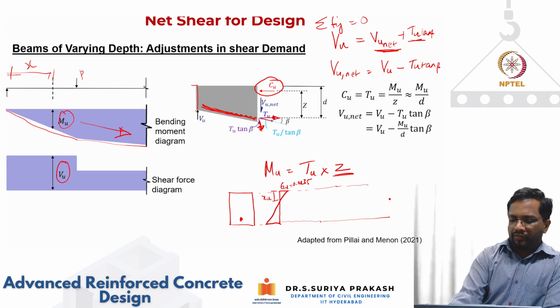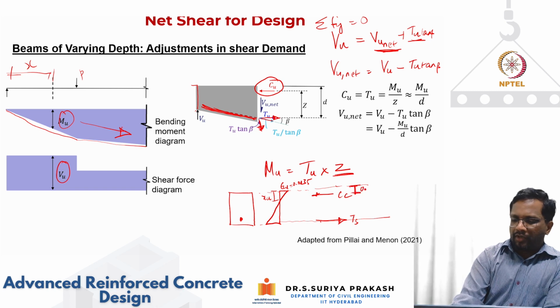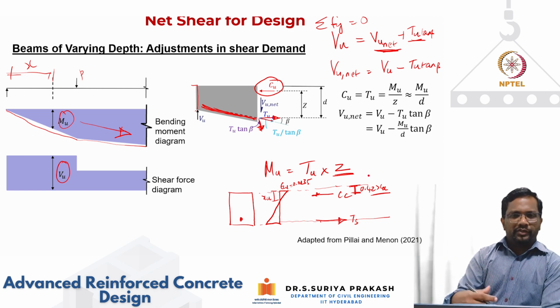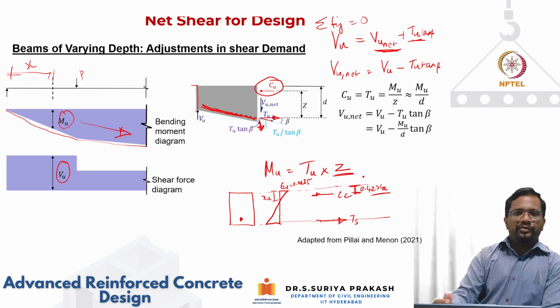So we have found, when you calculate your Cc force, concrete force in compression, and the tension force in steel, that this distance is going to be 0.42 Xu as per your IS code, right? Xu itself is very small, so this 0.42 Xu will be even less.